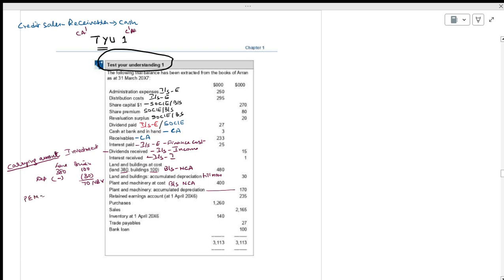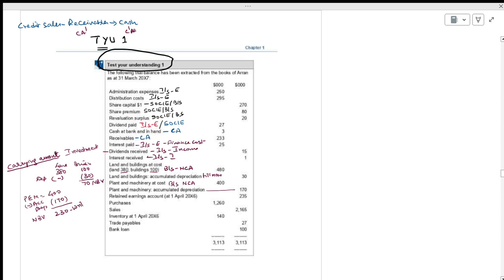Plant and machinery is 400. Accumulated depreciation is 170. The difference is 230. This is called net book value or carrying amount or written down value.